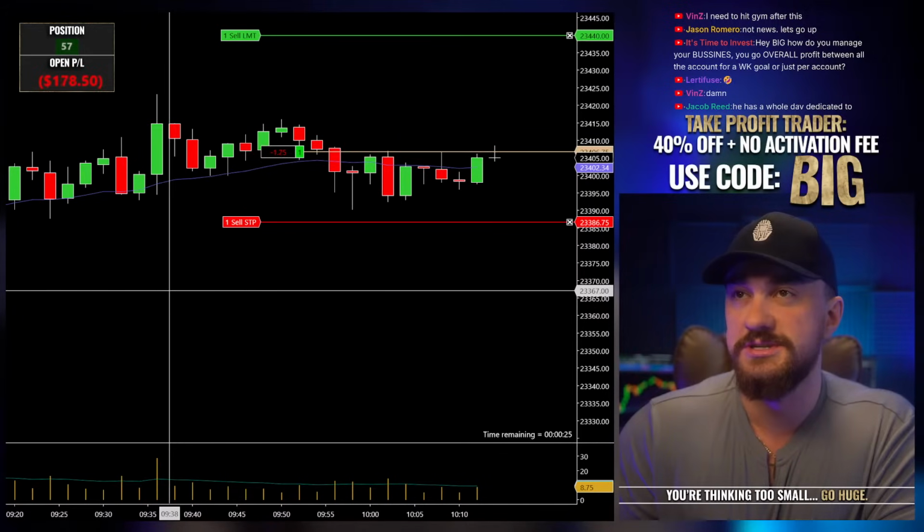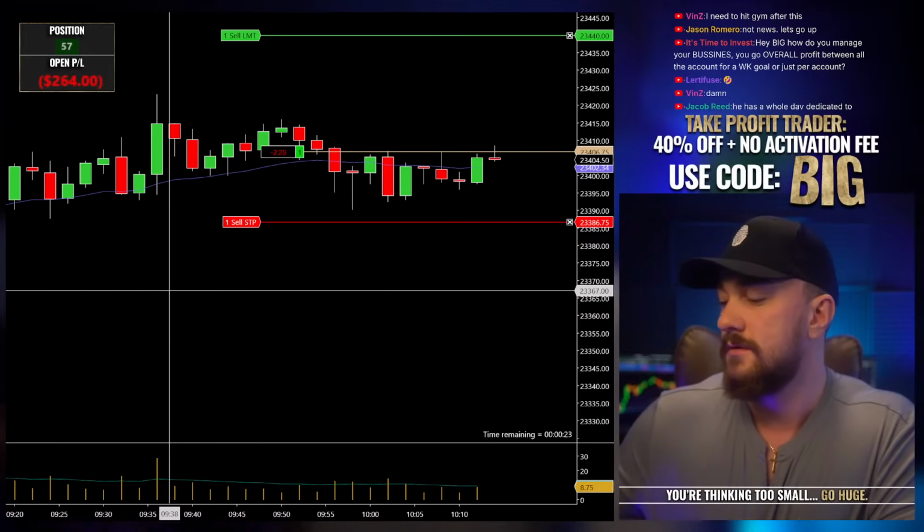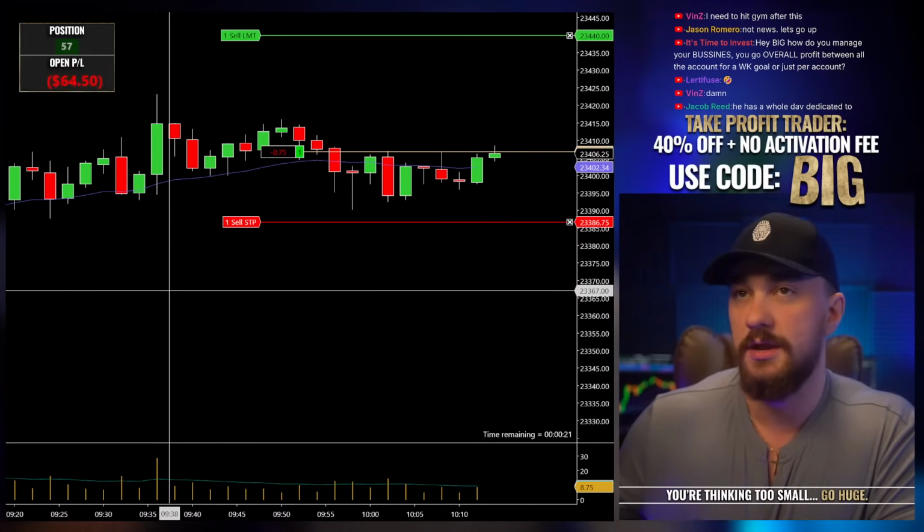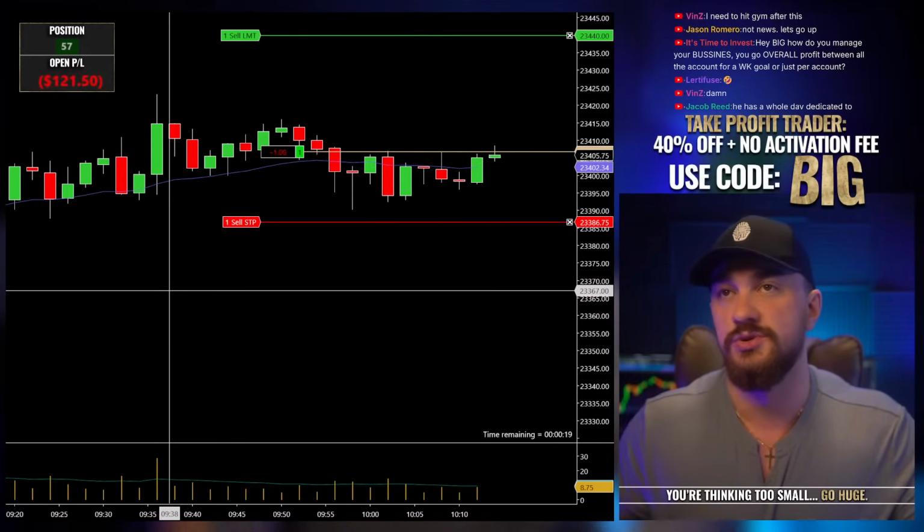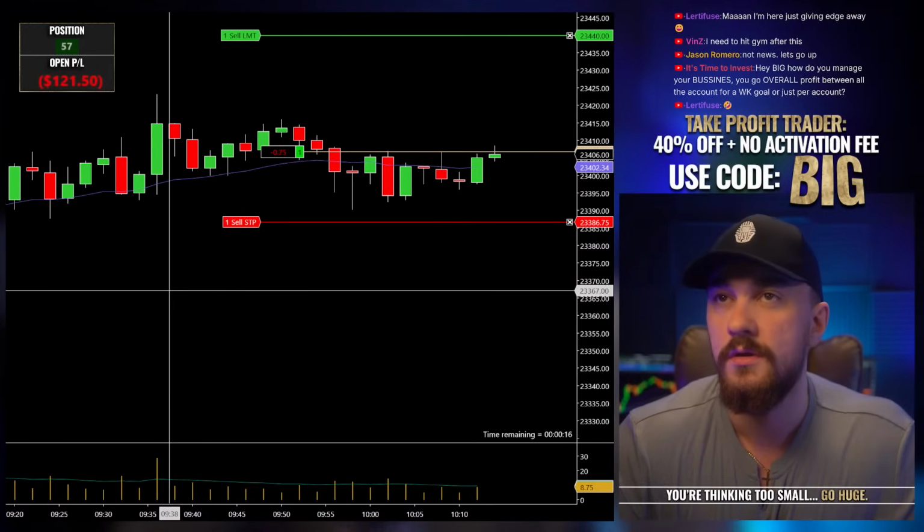So watching this little potential flat top here. I'm not going to make any emotional, off-the-cuff decisions. But just keeping an eye on that.